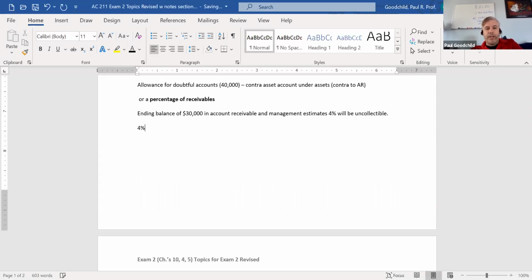So we have 4% times 30,000 equals 1,200. So we have bad debts expense, $1,200, RE, and allowance for doubtful accounts, 1,200, asset.